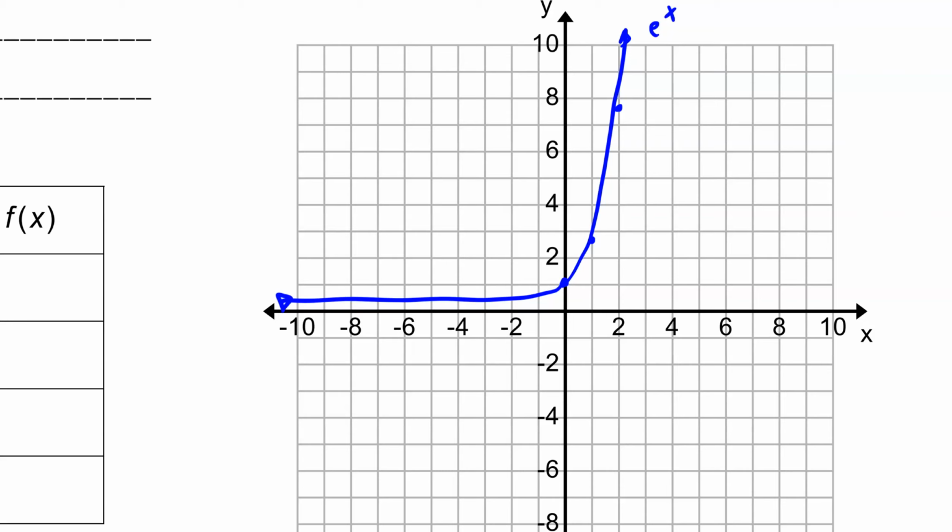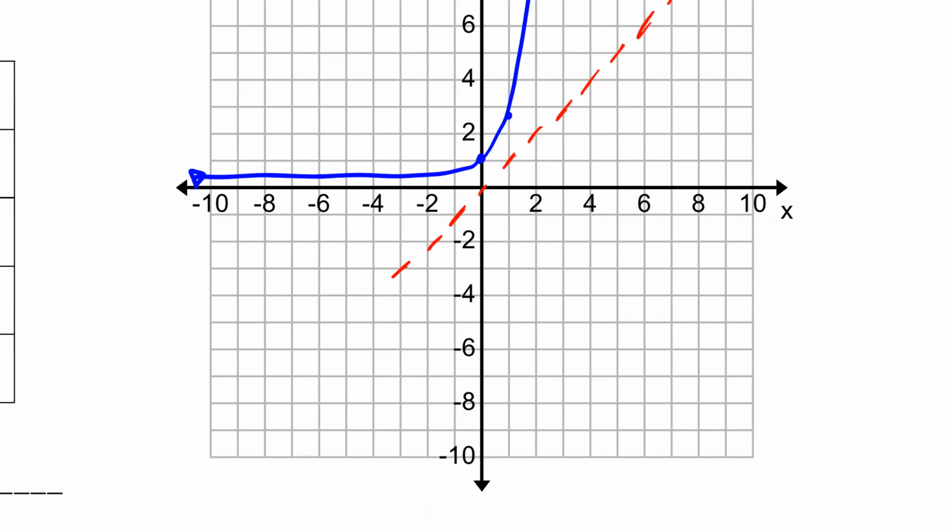Okay, what does it mean to be inverses? What's it mean to be an inverse? Opposite, because they are reflections over the y equals x axis. So inverses literally are reflected across the y equals x axis.